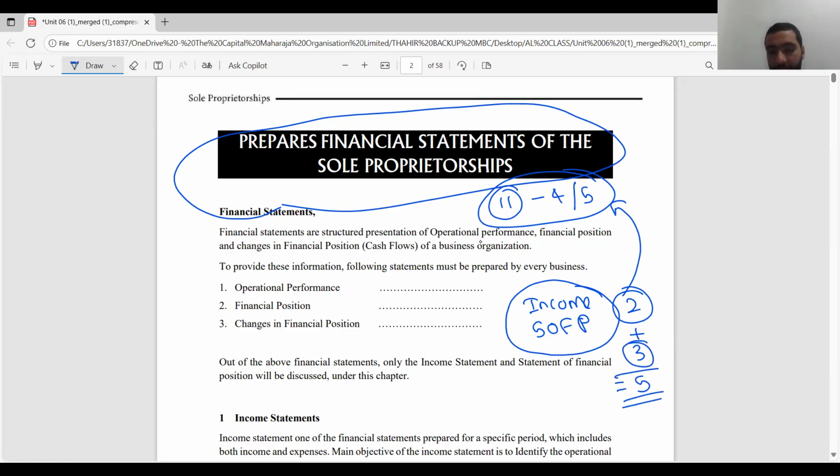What are these 3? In O-levels, you learned the income statement, or P&L, profit and loss, and the balance sheet, or statement of financial position. Only these 2 you learned in O-levels. In A-levels, you are going to learn these 2 plus another 3. What are these 3? Anyone know at least one of these 3?